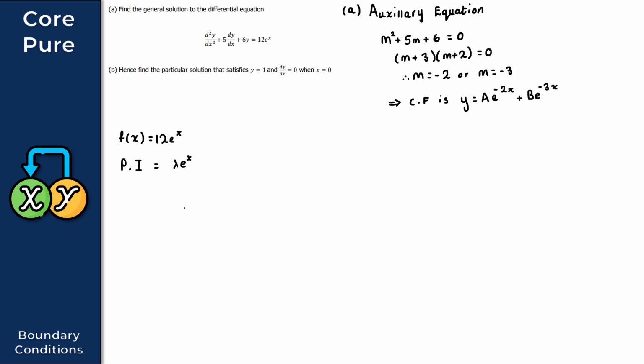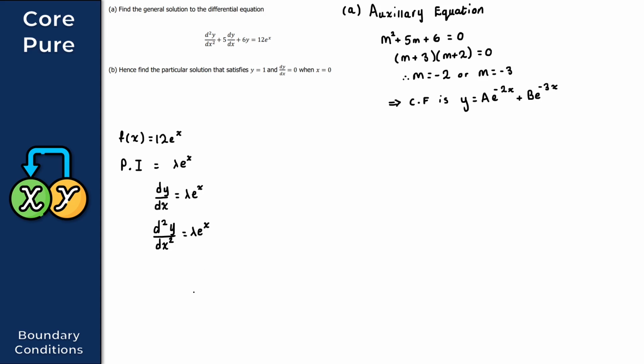If we differentiate this, dy by dx is also lambda e to the x. And the same is true for the second derivative of y, which will also give us lambda e to the power of x.